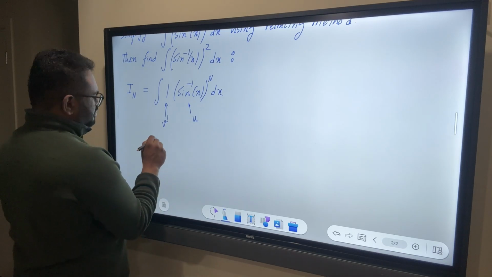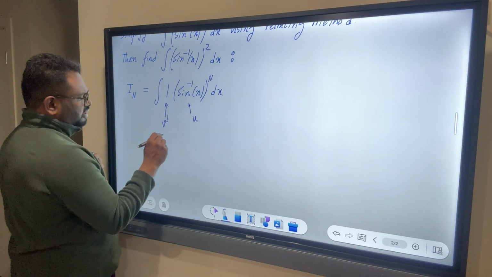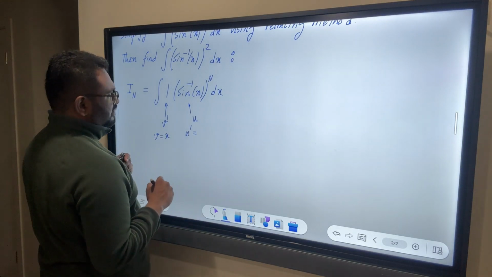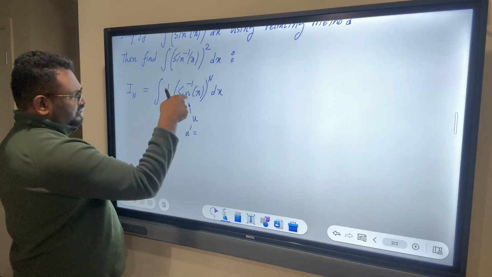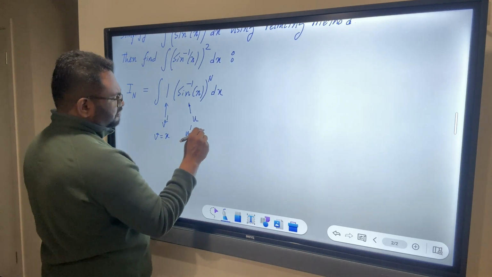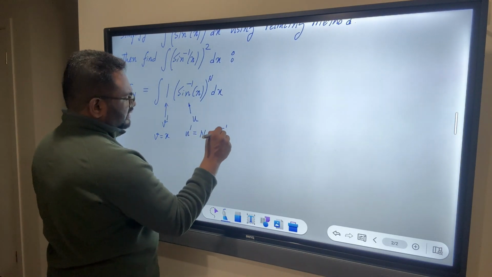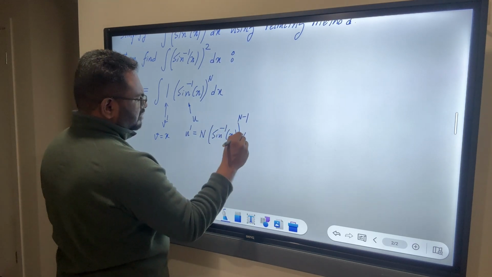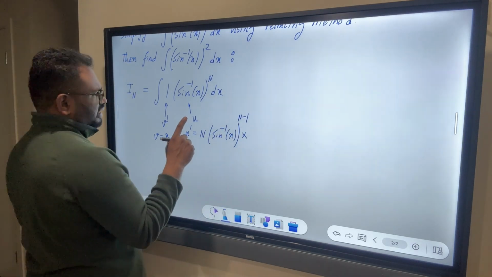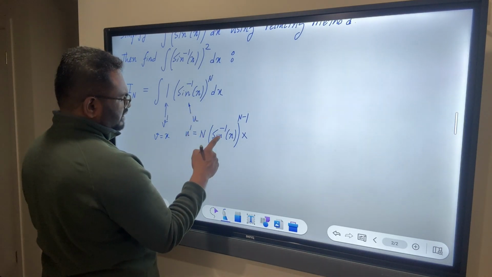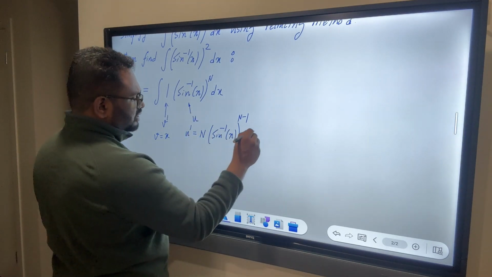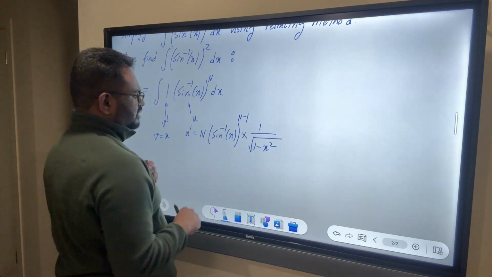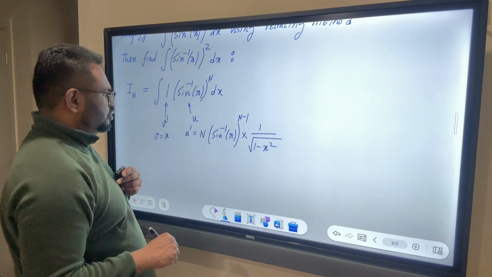So if this is v prime, v is going to be x, and for u prime, we have to be very careful now. We are going to differentiate this one, so that would be n (sine inverse x) to the power n minus 1, multiplied with the derivative of sine inverse x. Why? Because it's a chain rule. So that would be 1 divided by the square root of 1 minus x squared. So that is u prime.